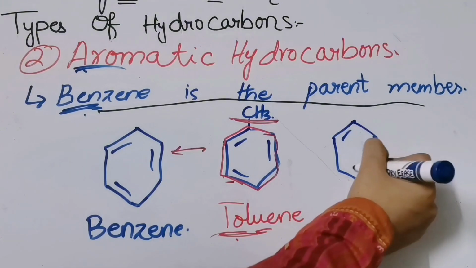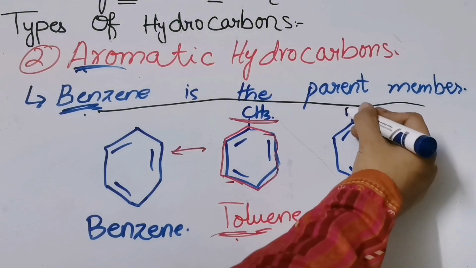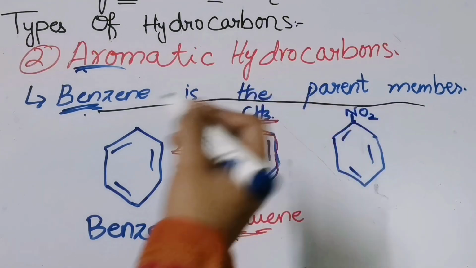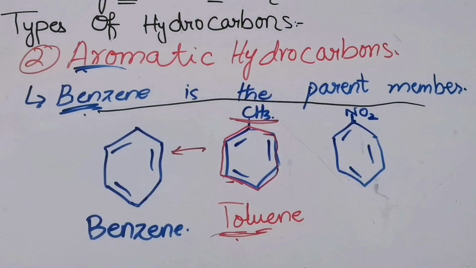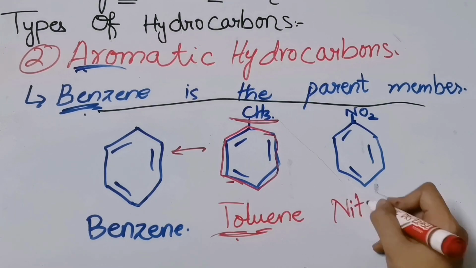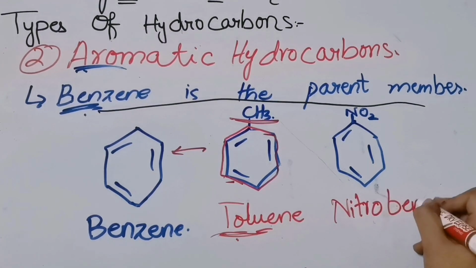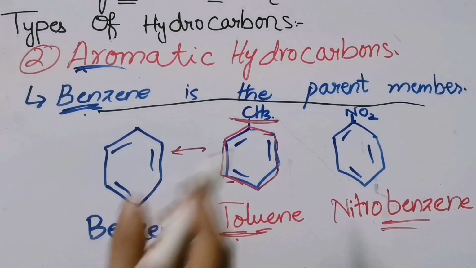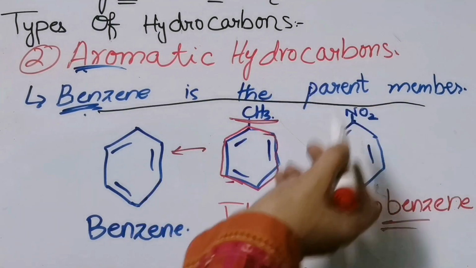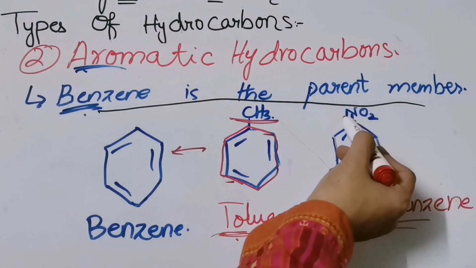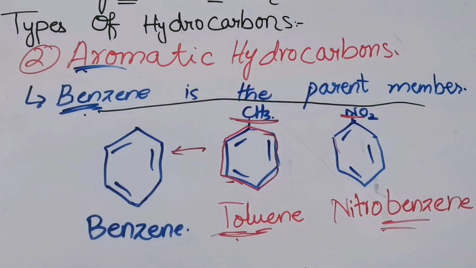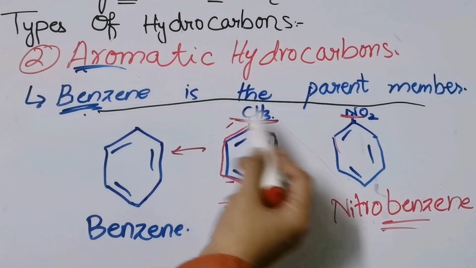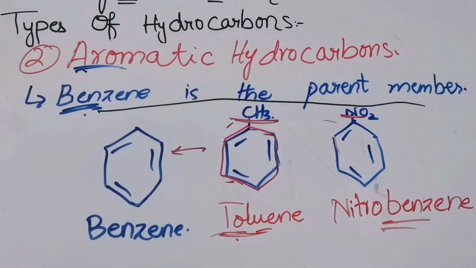This is the benzene ring and when NO2 is attached on it, so this will be nitrobenzene. Okay, its name is nitrobenzene. It is having benzene ring and NO2 is attached on it. The way CH3 was attached on it, in this case NO2 is attached.